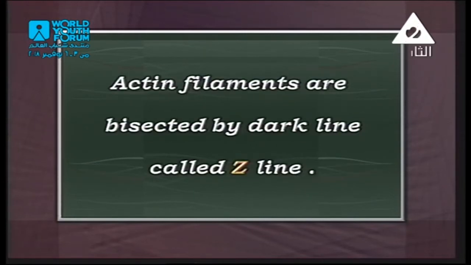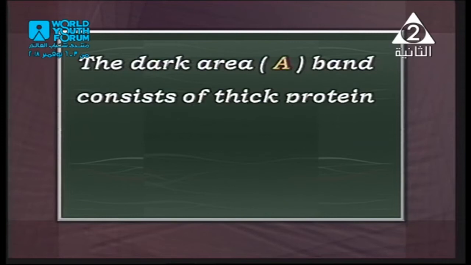Well, the actin filament is bisected by a dark line called the Z line.